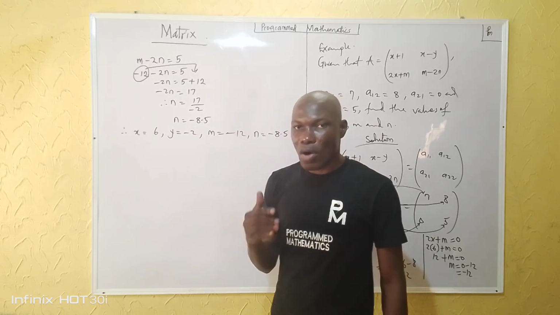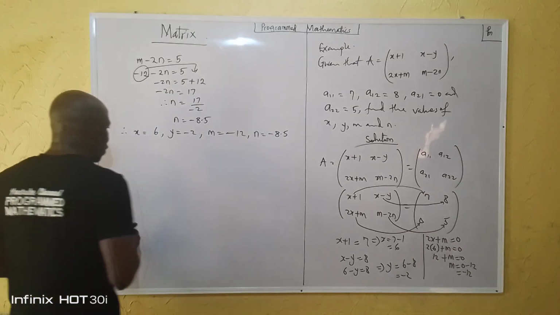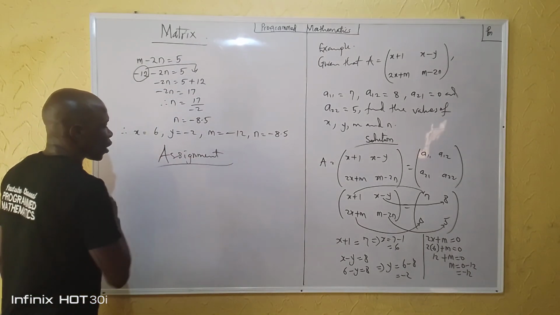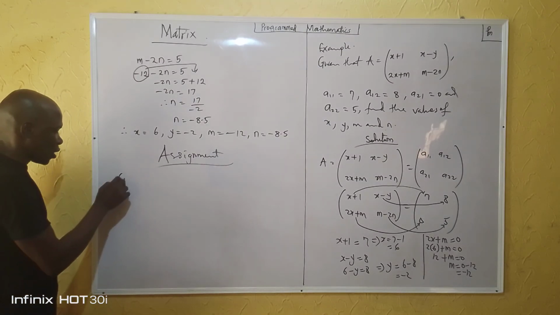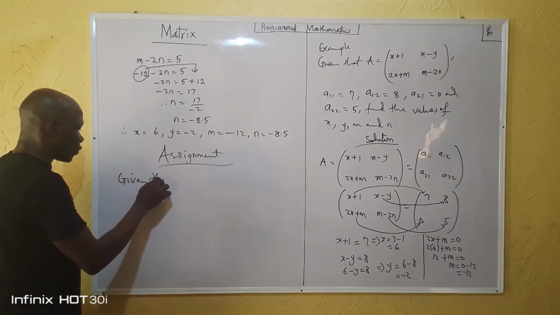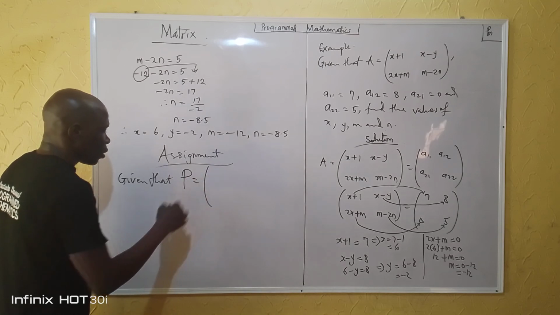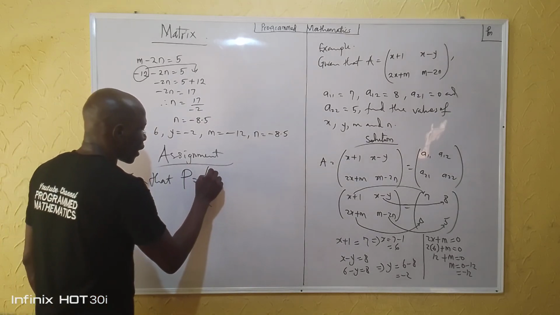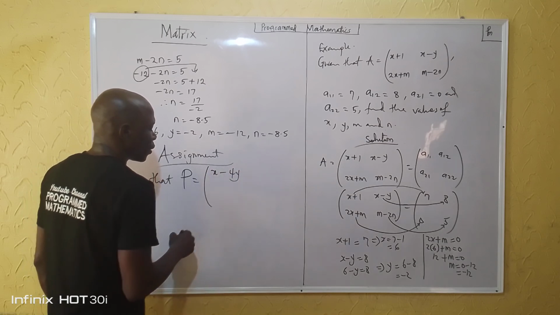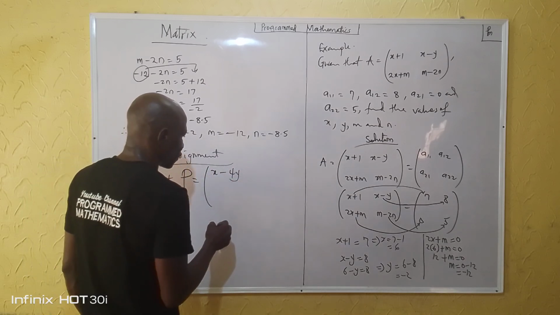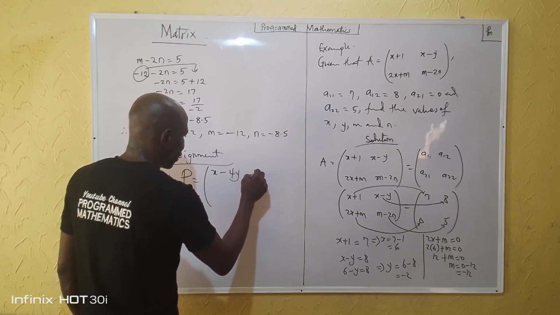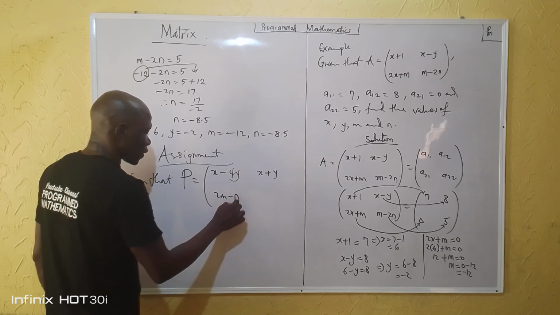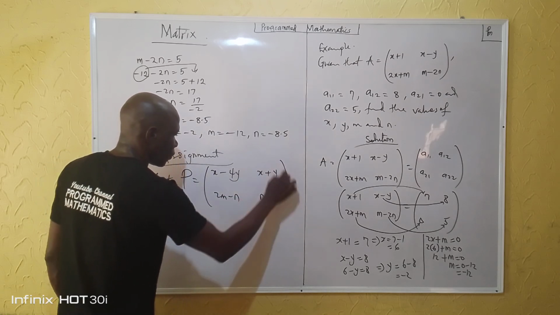Alright, so as a form of revision for you, I want you to work on this question as an assignment. You can practice this. Given that matrix P is x minus 4y, x plus y, 2m minus n, n minus 2m.